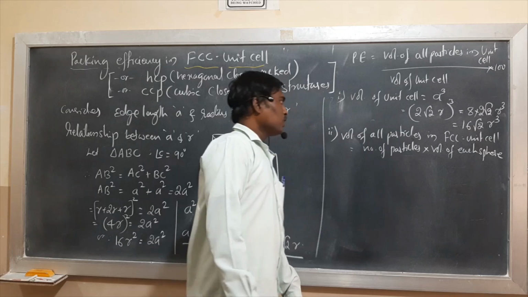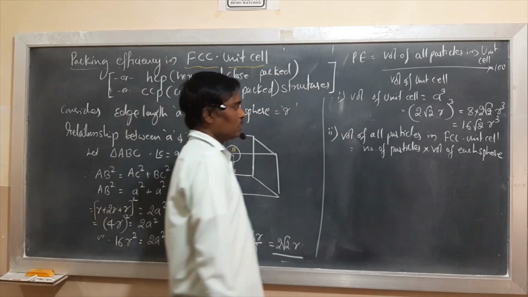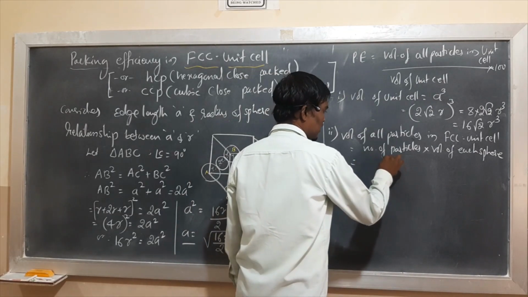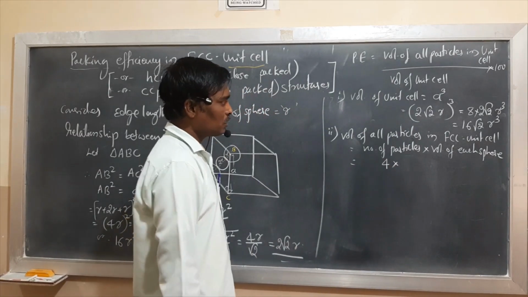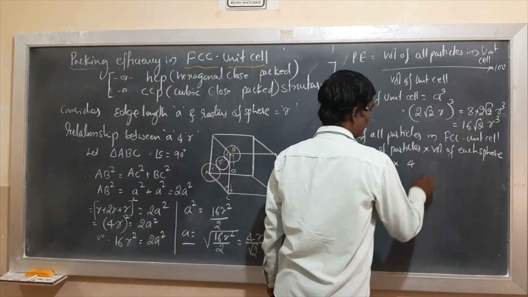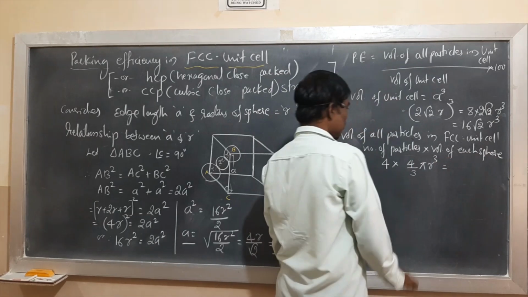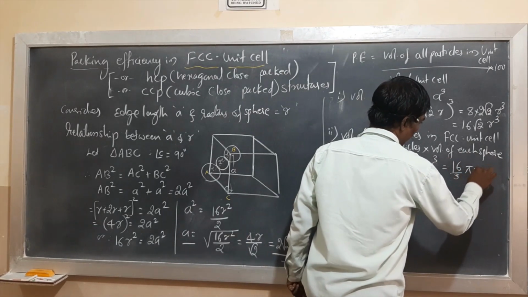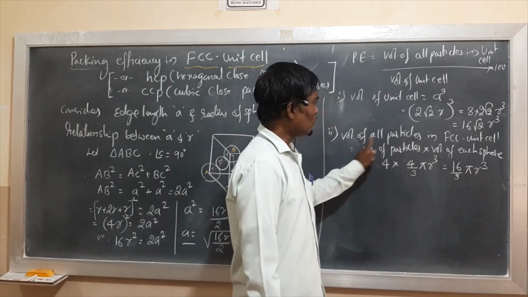That will give me the total volume of all the particles in the unit cell. So the number of particles in FCC unit cell is 4. The total number of particles we already calculated in FCC unit cell is 4, and volume of each sphere, we know volume of sphere is defined as 4 by 3 pi r cube. So that is equals to 4 4s 16 by 3 pi r cube. And so this is the numerator term, that is the volume of all the particles.